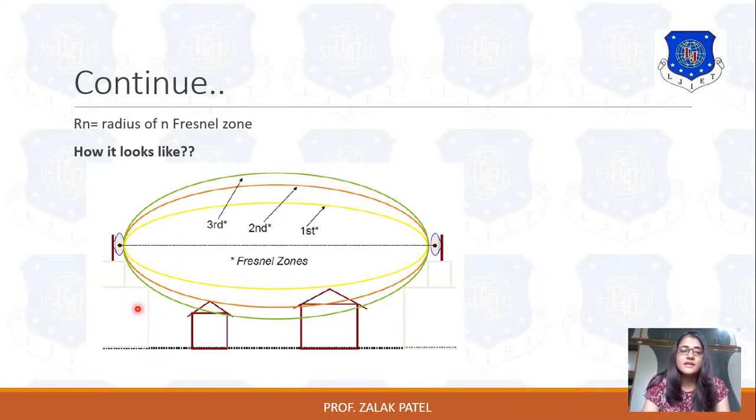So whenever obstacles are present between transmitter and receiver, the Fresnel zones occur like this. The Fresnel zone range should be less than 2d square upon lambda, which we discussed in the previous lecture, where D is the largest dimension of the antenna and lambda is the wavelength.